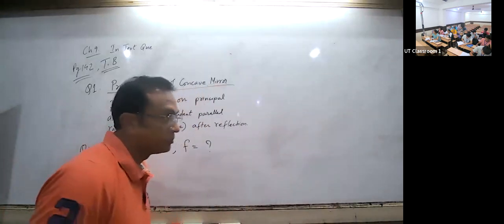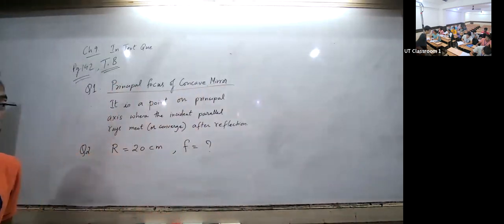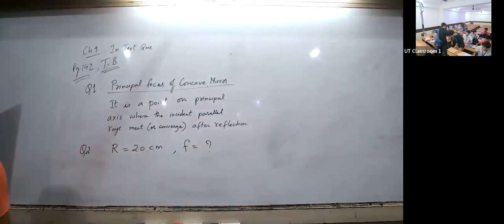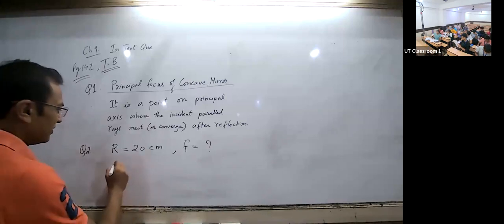We are doing revision for mirrors, right? Who will answer? Radius. See the diagram. Half of it, correct. So what is it? 10.